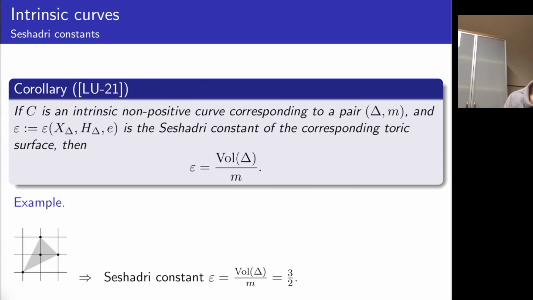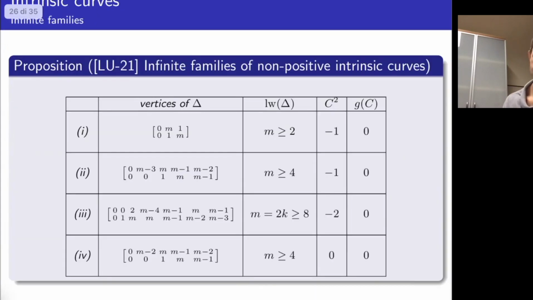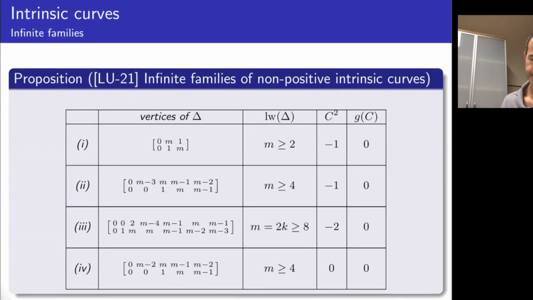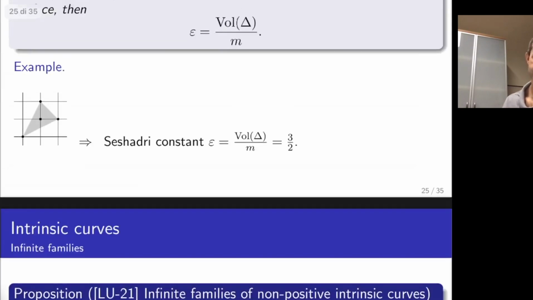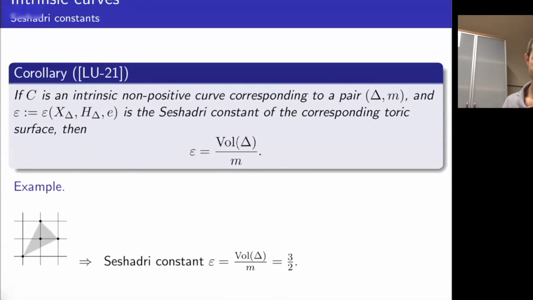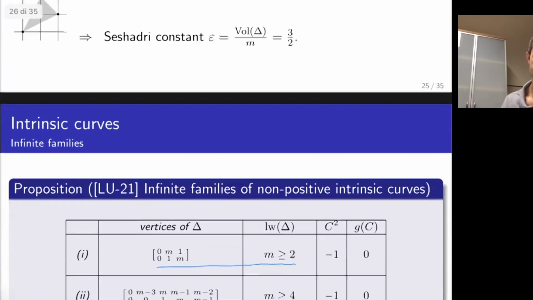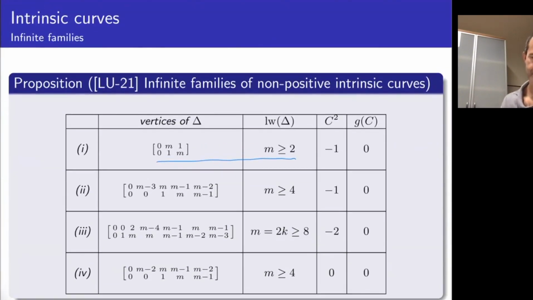Okay. And we were also able to find infinite families of intrinsic non-positive curves. So this means that for instance here, for any value of m at least 2, this is the generalization of this case. For m equal 2, we have this triangle, but for any m bigger than or equal to 2, there exists an intrinsic -1 curve having this Newton polygon.